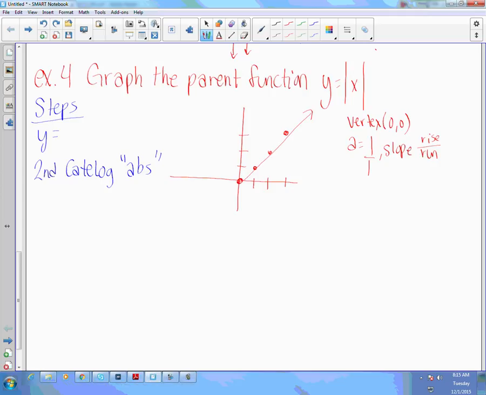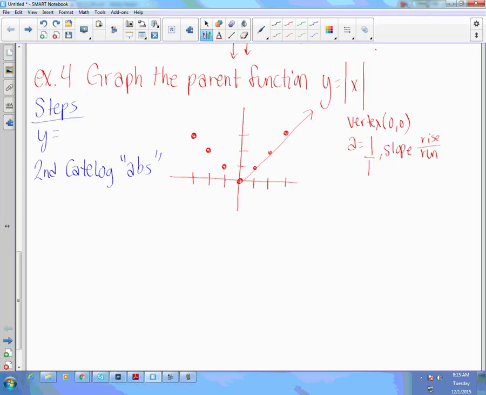The definition of absolute value is distance from 0. So positive 4 is the same distance away as negative 4. Positive 3 is the same distance away as negative 3. The value of negative 1 is positive 1, negative 2 is positive 2, negative 3 is positive 3.